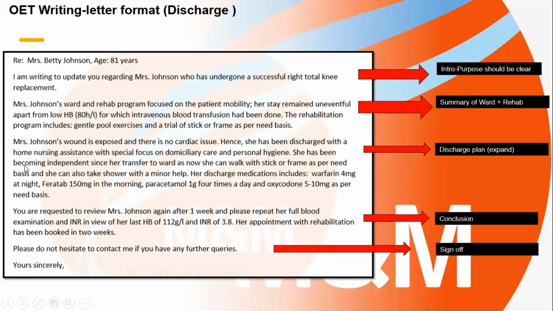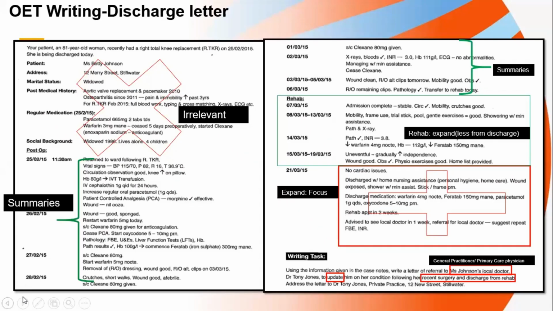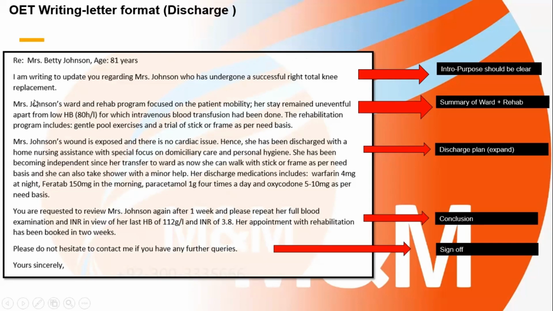In this case notes, this was the part highlighted in green, and this one as well is ward stay, and this is the rehab, both things. You can see how this letter has summarized those two things, ward stay and rehab, in just this small paragraph. Let's say, Mr. Johnson's ward and rehab focus on the patient's mobility.